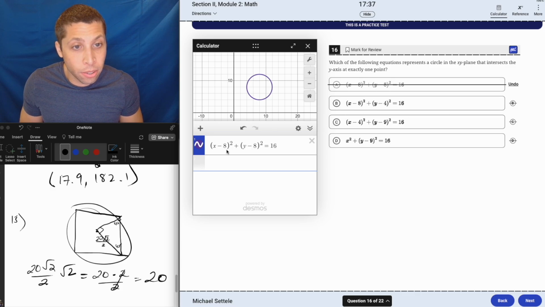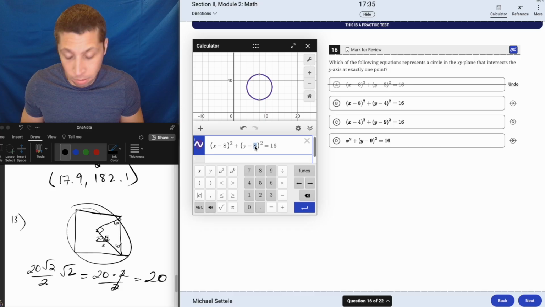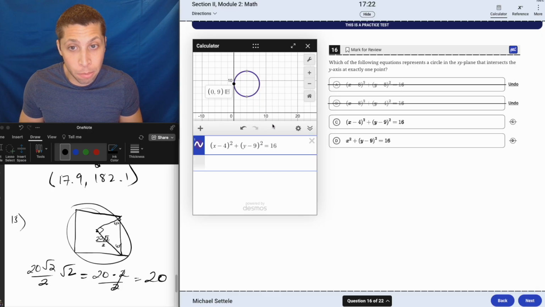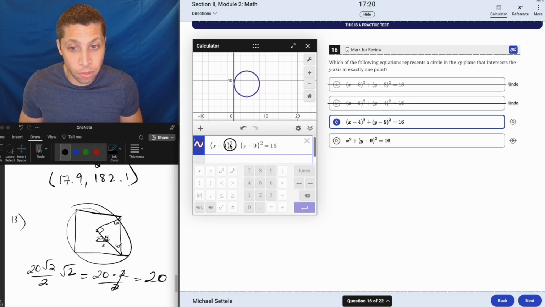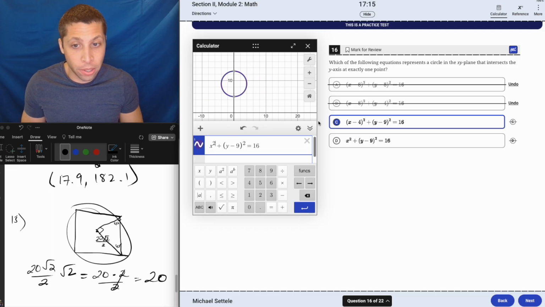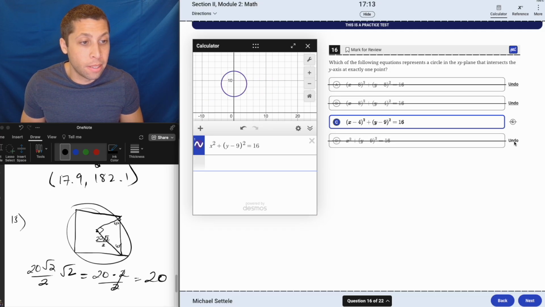X minus 8, x minus 4. Nope, that's intersecting the x-axis. We want to intersect the y. X minus 4, x minus 9, and that equals 16. Yeah, that seems good. Let's try this one just for the sake of it. So x squared has 2 points. Yeah, easy.